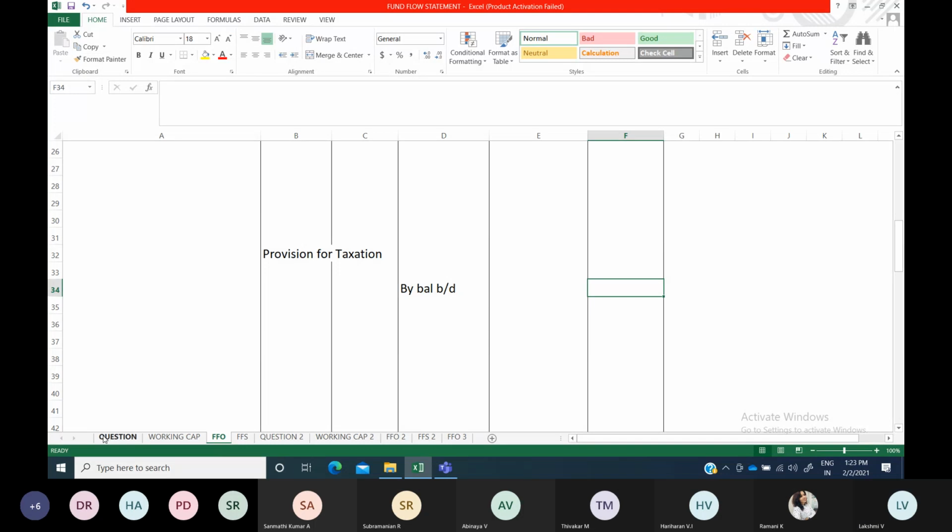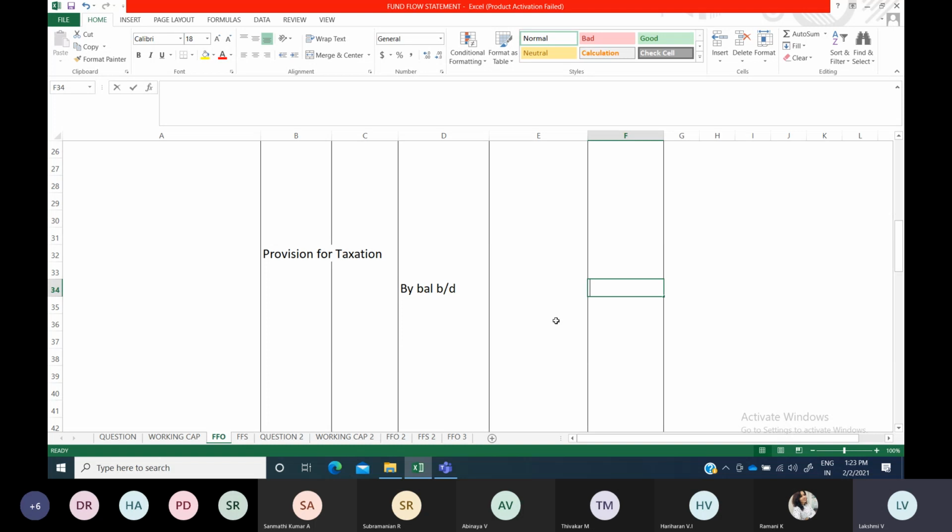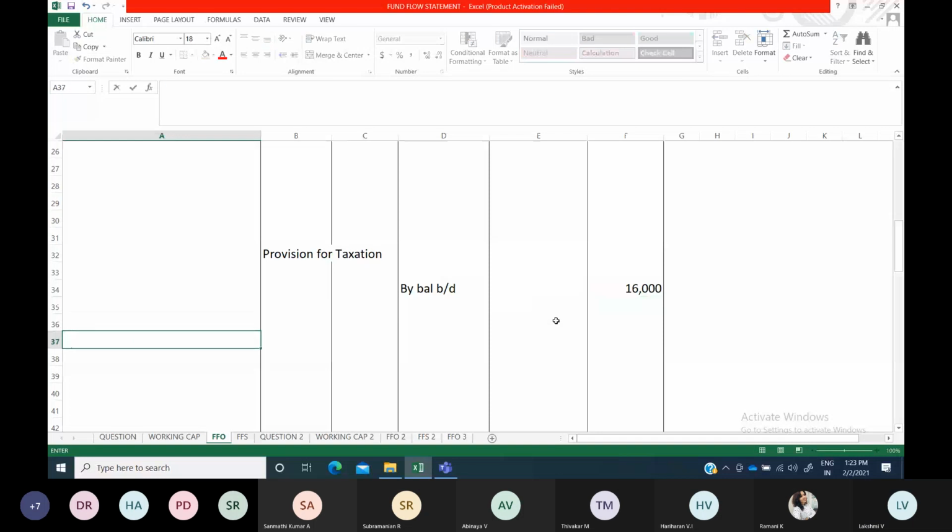So 16,000 on the credit side, and the closing balance is balance carried down, 18,000.